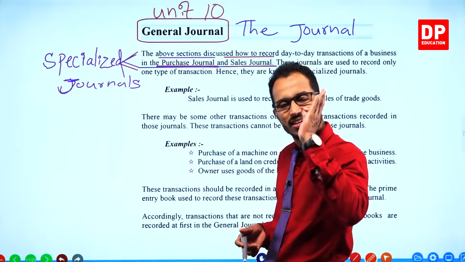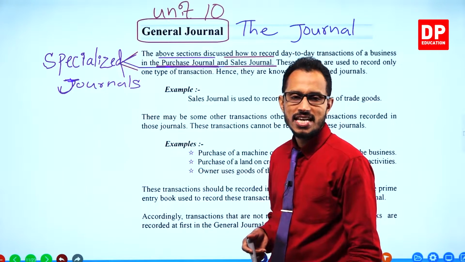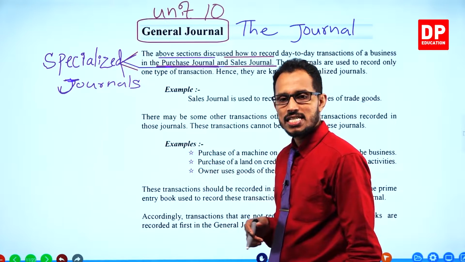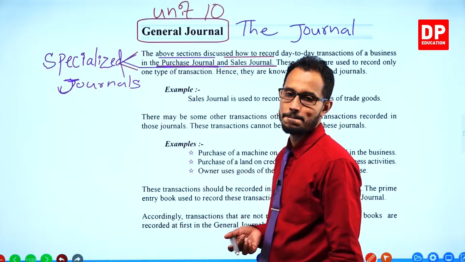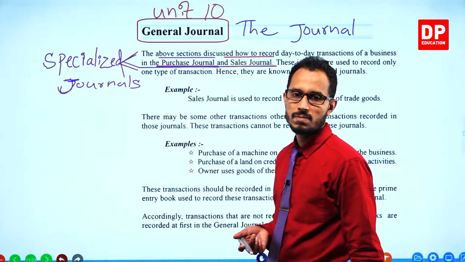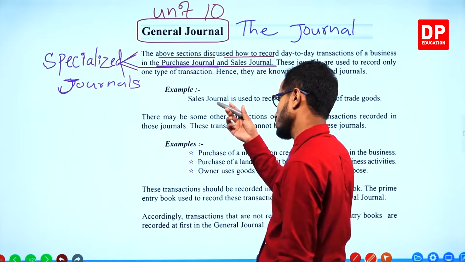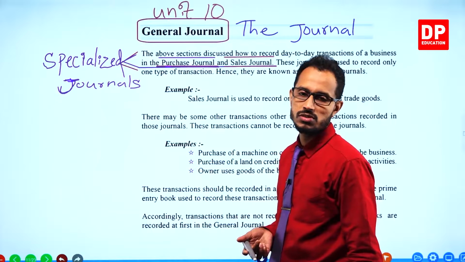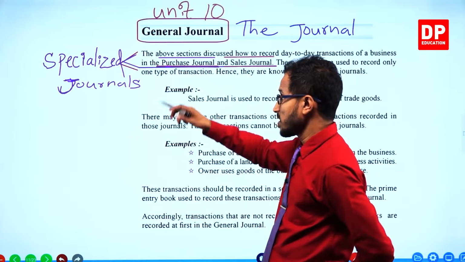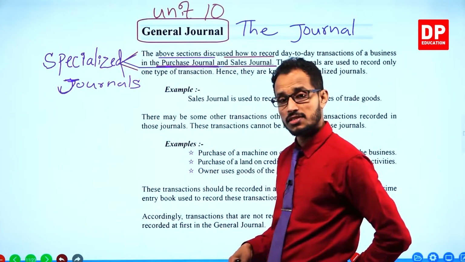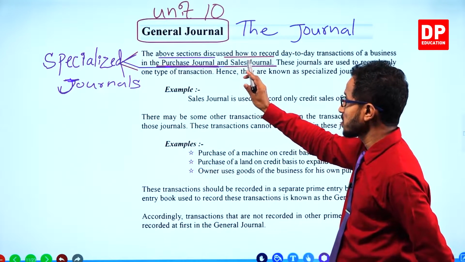One specific type of transaction is recorded in those journals, in the purchases journal and the sales journal.